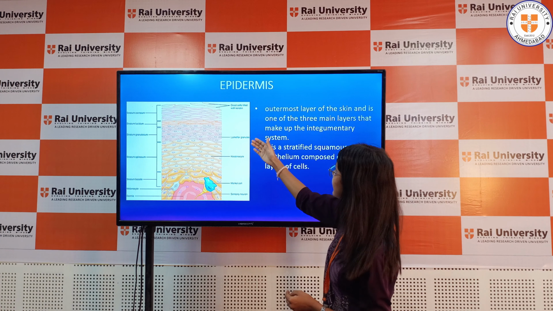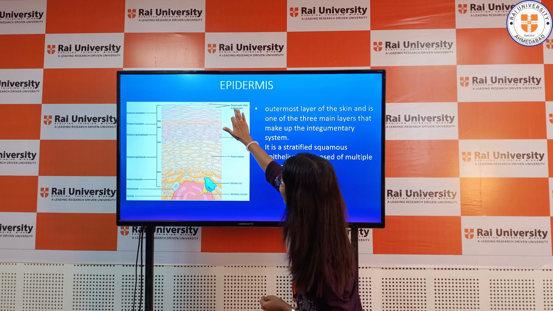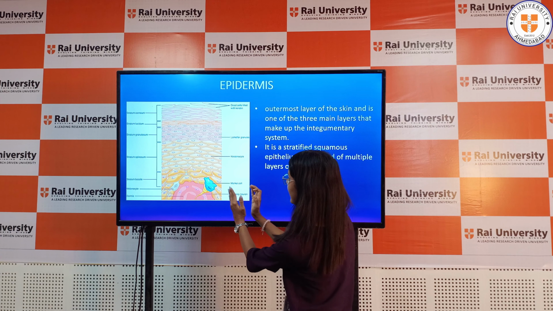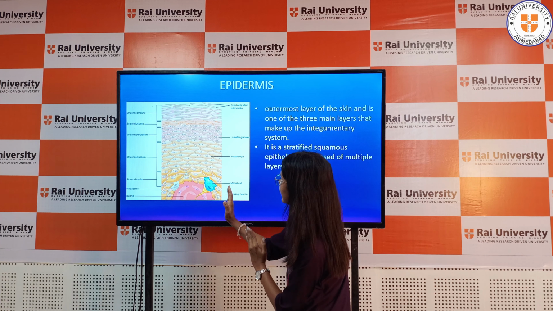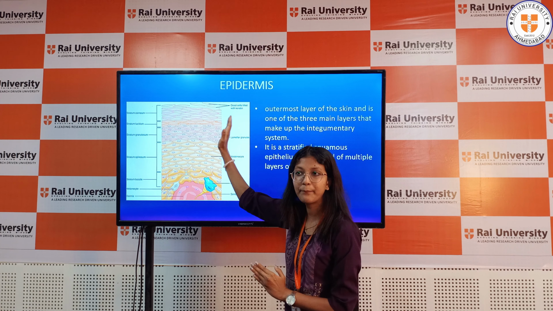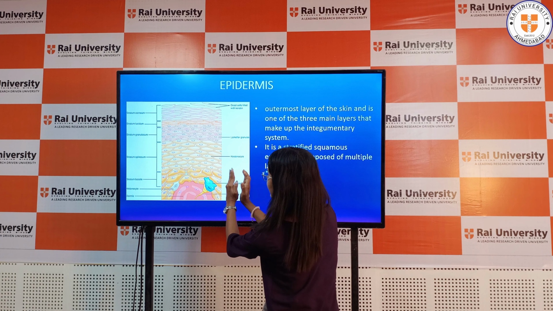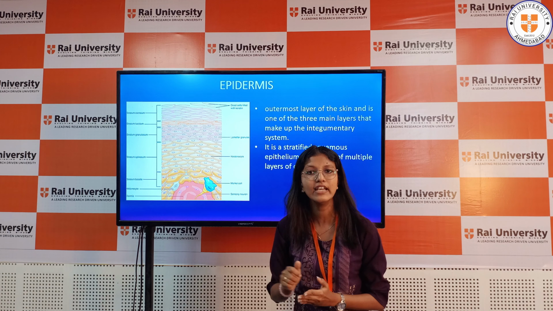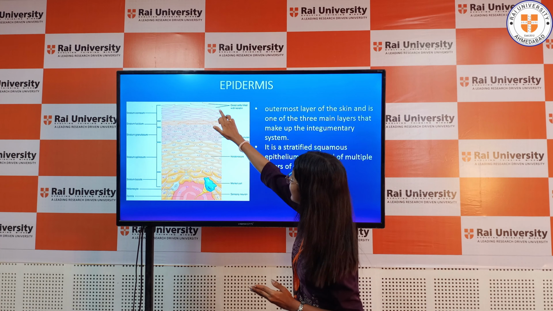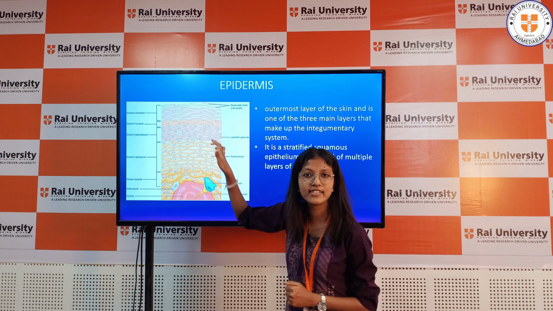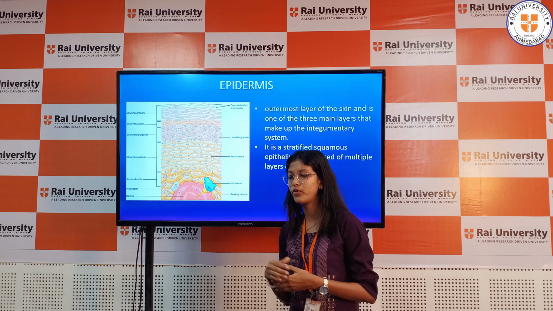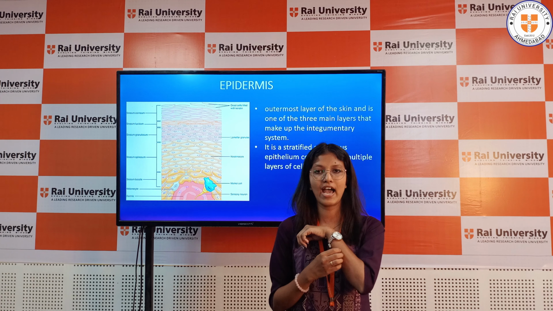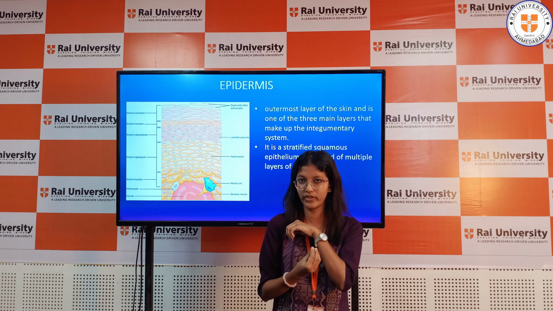Next, here we can see dead cells filled with keratin. Here in this figure you can see the layers of the epidermis. Here we can see basal cells, and as it comes upper, there we can see dead cells. These are the dead keratinocytes. For example, in winter time, if we rub our hand, we can see some whitish powder.